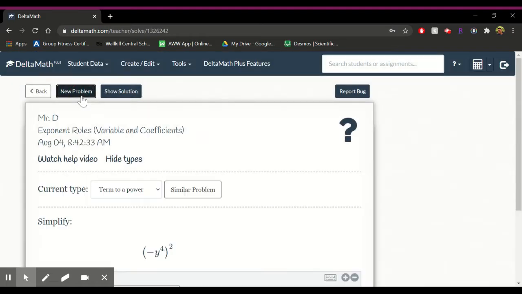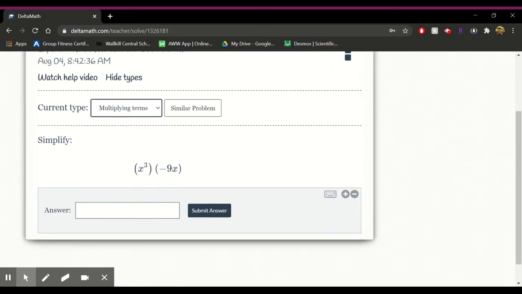Okay. Let's look at a new one. Another multiplying one. All right. So now there is an imaginary one that you don't see in front. Let's go back. There's a little imaginary one out in front when you have these types of problems. 1 times -9 is -9.